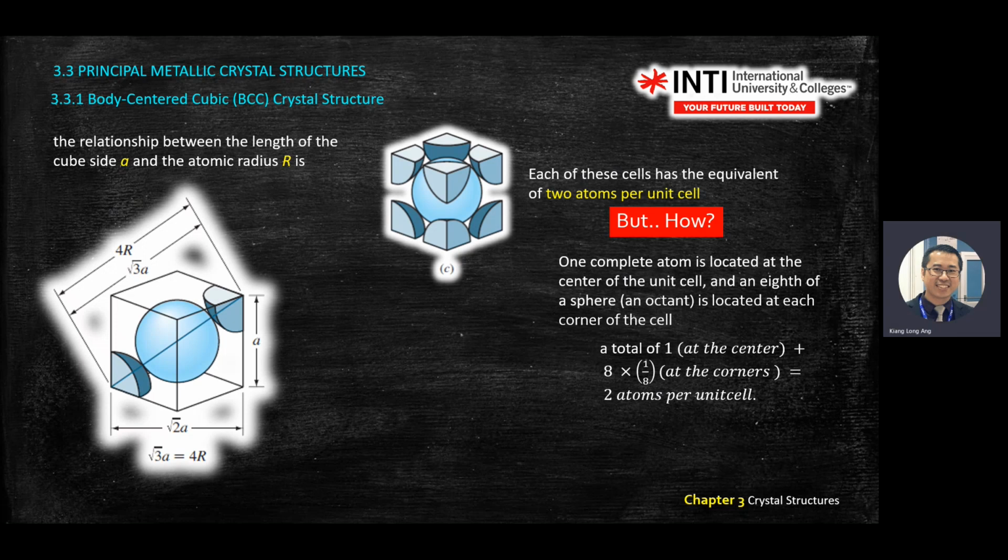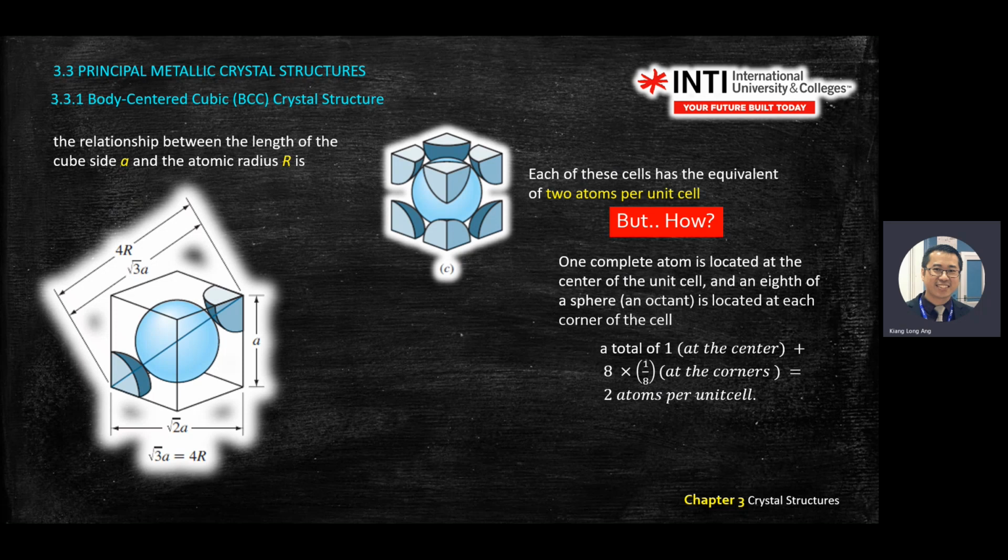Can you see the plane that I'm drawing? When you chop like that from the top, you will see one atom at the center. You will see a quarter atom at the corner, but no atom here because you chop like that. Agree?